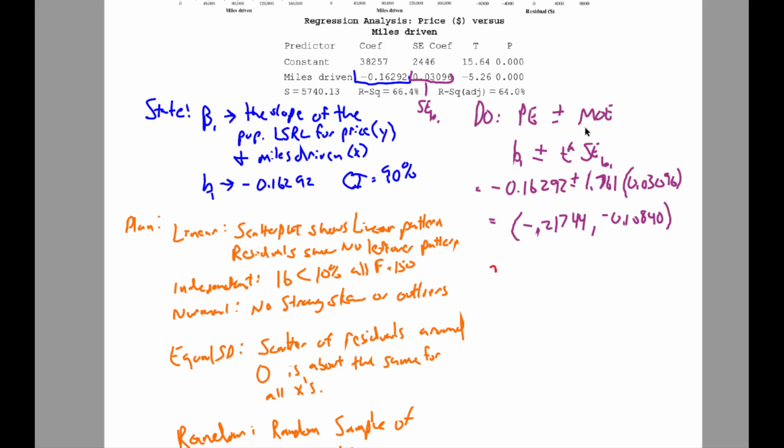So our conclusion. Okay. So we're going to do our state plan to conclude. And our conclusion is that we are 90% confident that the interval from negative 0.21744 to negative 0.10840 captures the slope of the population least squares regression line for the price and miles.